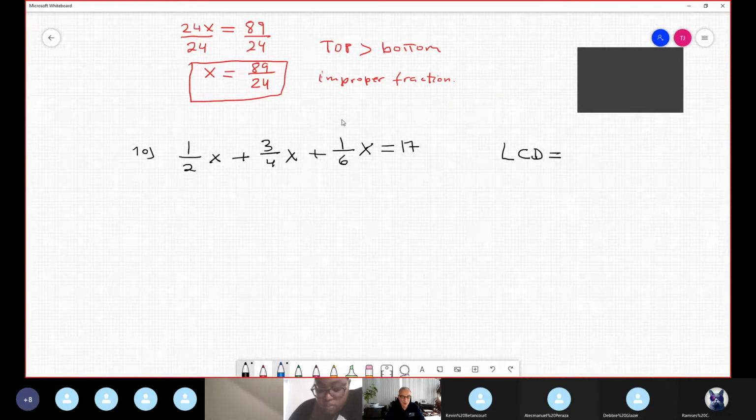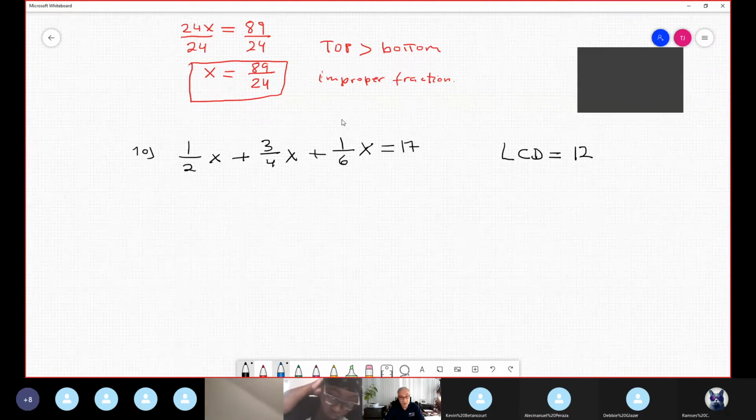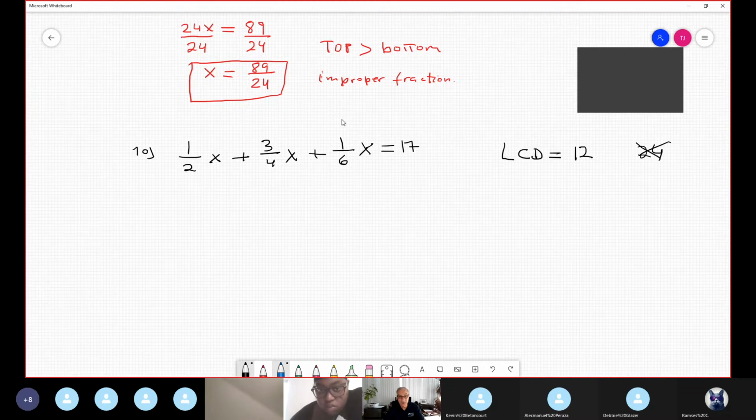However, using intuition, you can understand the least common denominator as 12, because it's the smallest multiple among 2, 4, and 6. Because 2 times 6 is 12, 4 times 3 is 12, and 6 times 2 is 12. Maybe it's 24? Yes, 24 is a multiple, but not the least common multiple.